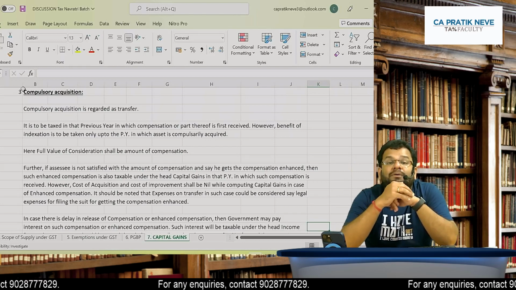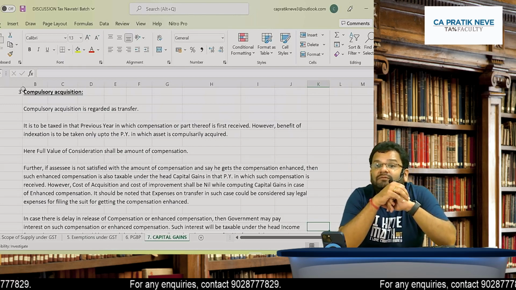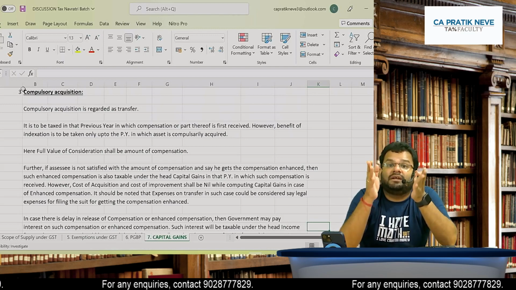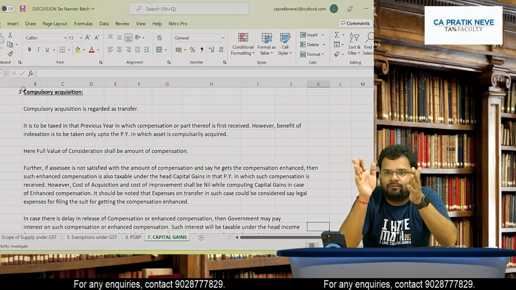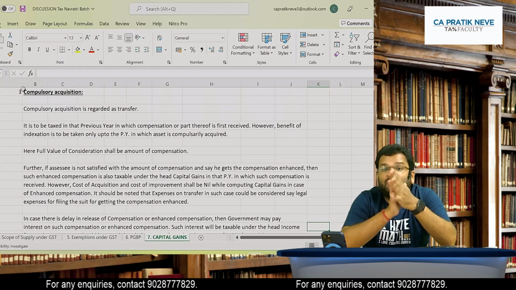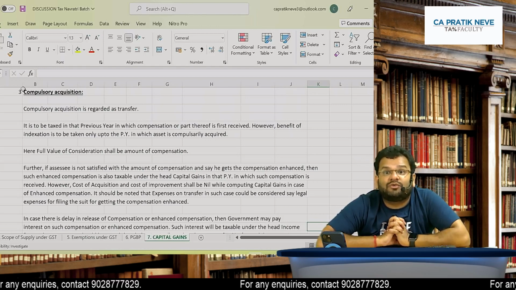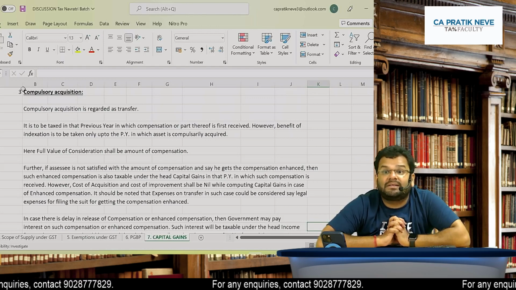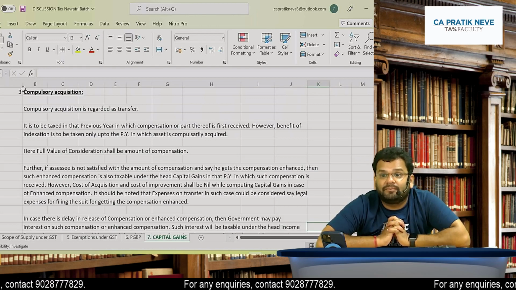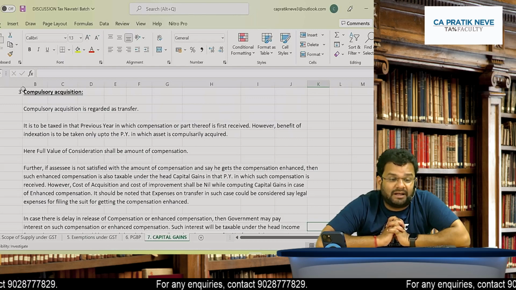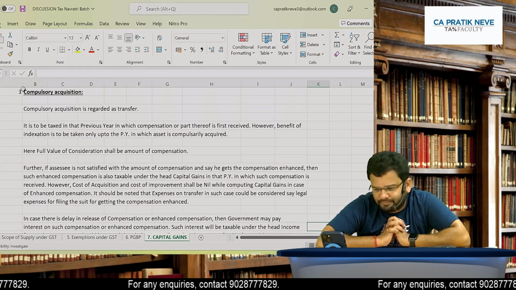So in my example, when is compensation received? It's received in 21-22. So it will be taxable in 21-22, but when has transfer taken place? It has taken place in 1920. So now you please understand my words properly.